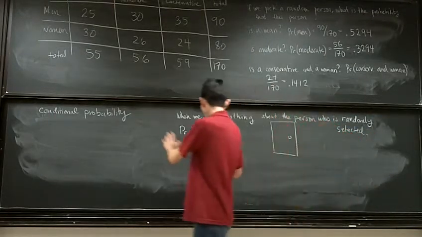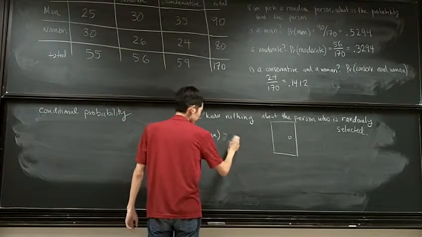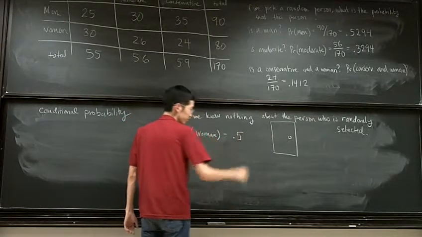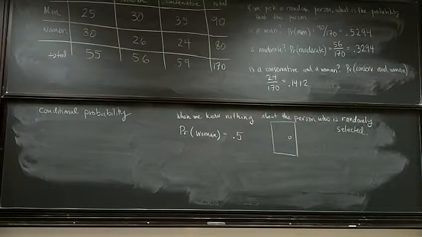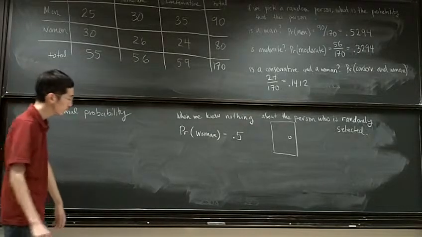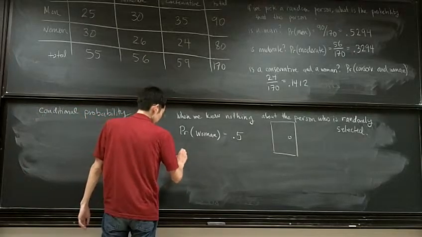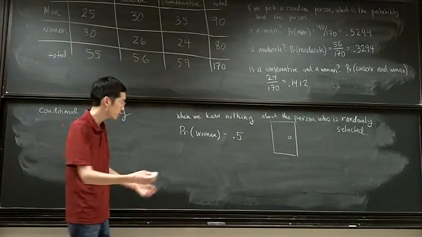At that point, what's the probability that this person is a woman? 0.5. Now we add a piece of information.